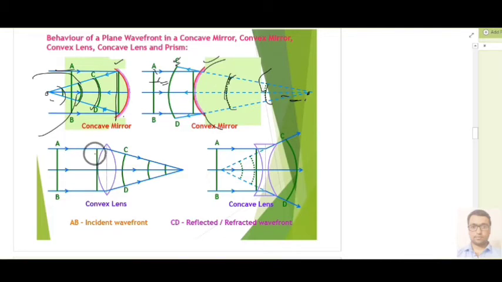In case of a convex lens, the wavefront coming from infinity will try to make an image at focus. So your wavefront should be in such a way that its radius is towards the right. Similarly, in a concave lens we get a wavefront that is expanding, because the image formed is virtual.